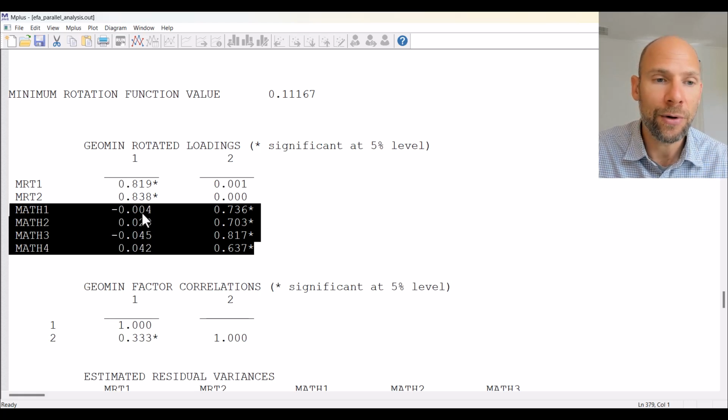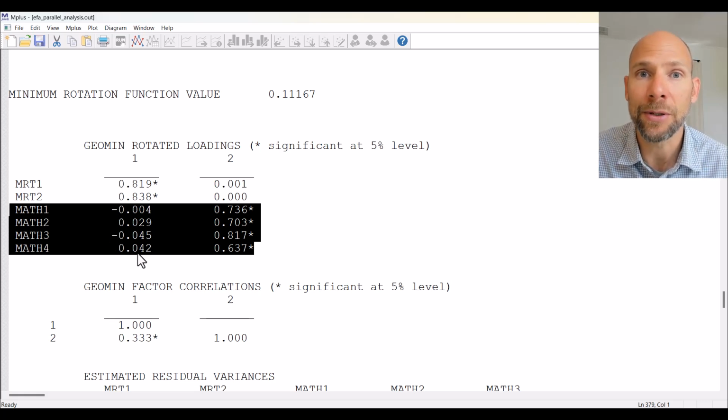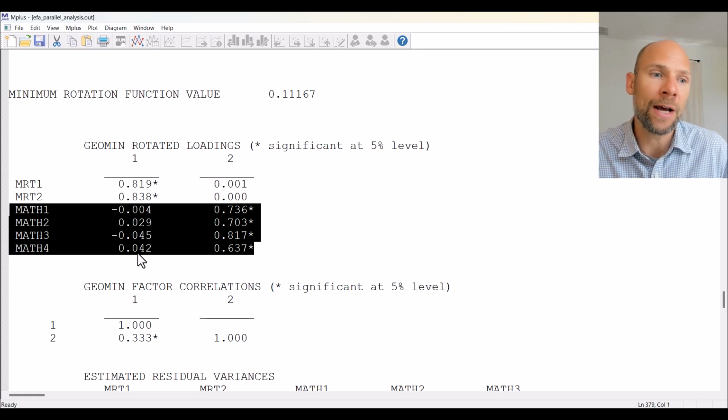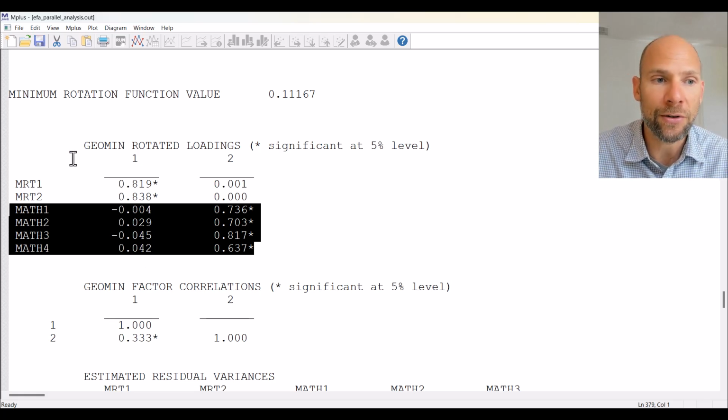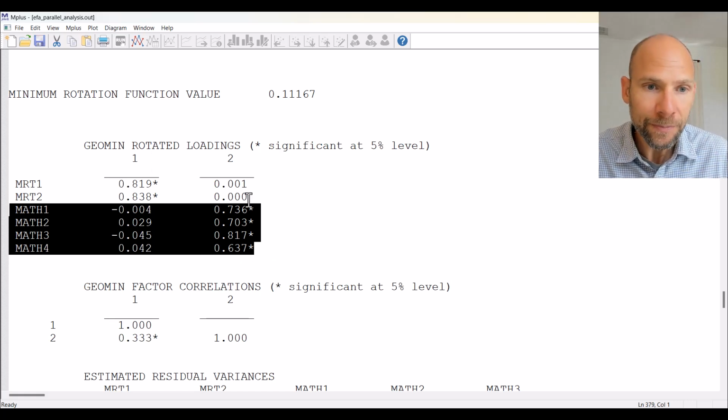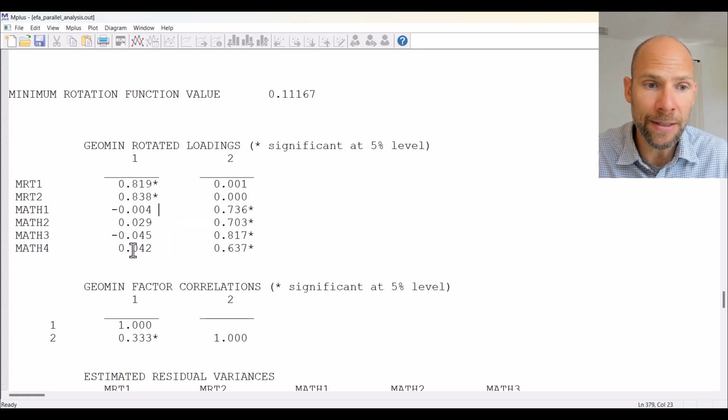They have loadings that are very close to zero on the first factor. So again, this confirms a simple structure for the two-factor solution that leads to clearly interpretable factors, where we would interpret the first factor as a mental rotations factor and the second factor as a math factor. None of the cross loadings are significant.